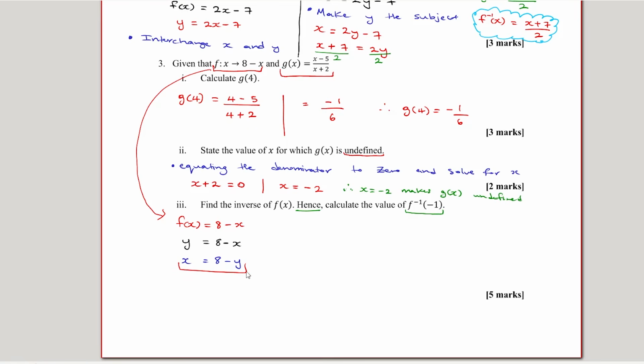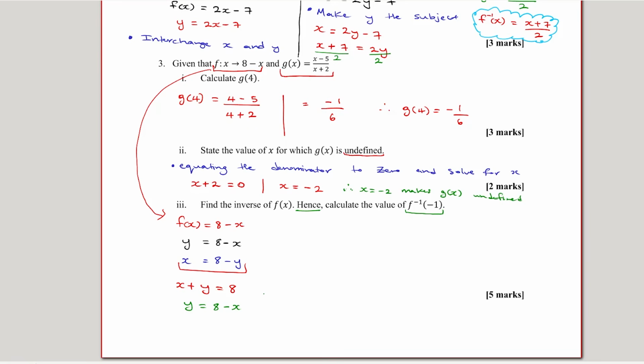So let's do that. If we bring the y over on the left hand side, we're going to get x plus y is equal to 8, because we brought the negative y over on this side. So now we can get rid of this x by bringing it across. So now we will have y is equal to 8 minus x.